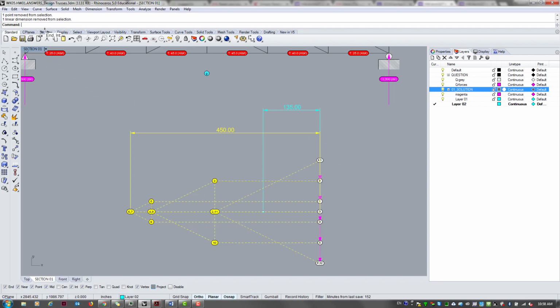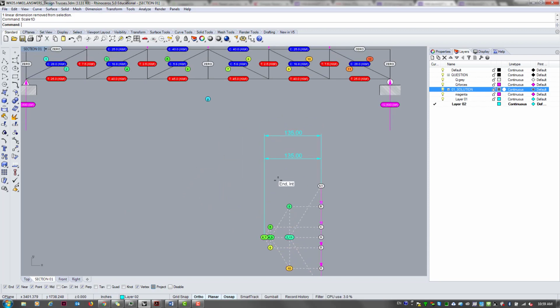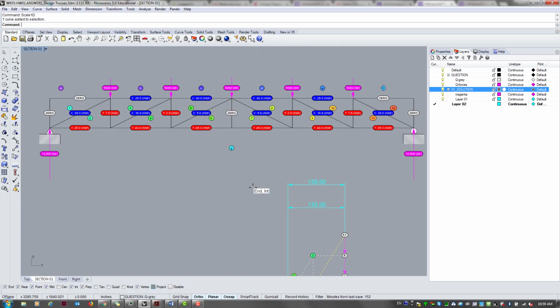So I will select everything that I want to scale, and you type in scale 1D. That just lets you scale things in one direction. So I'm going to start from point G. First reference point is point 6. Second reference point is that point that I just created. So that is 135.